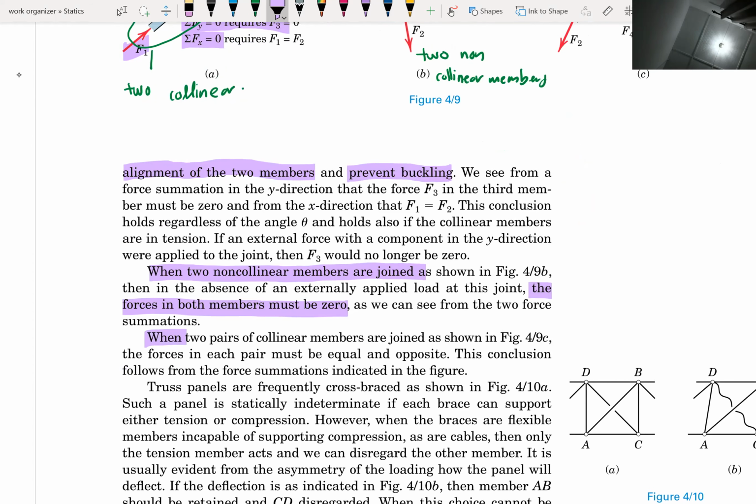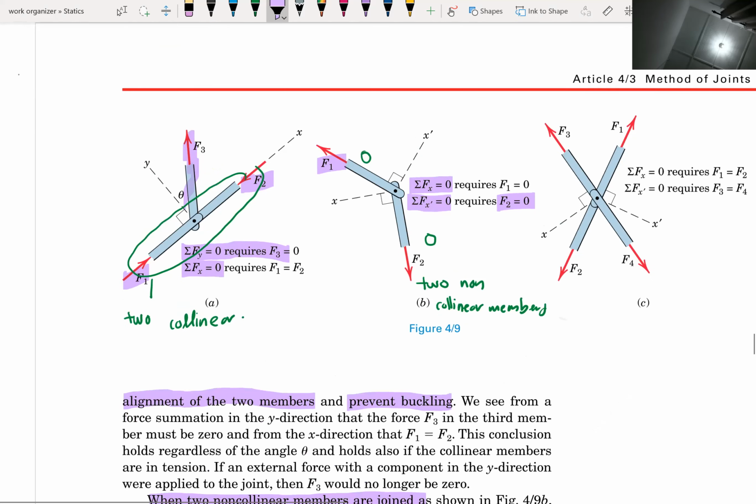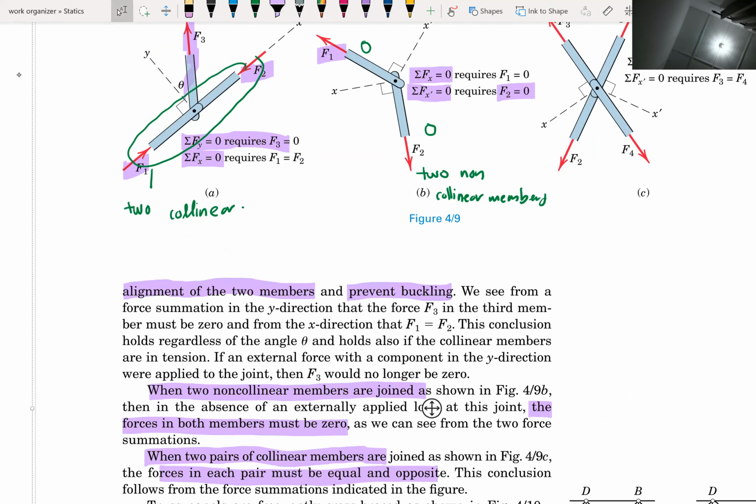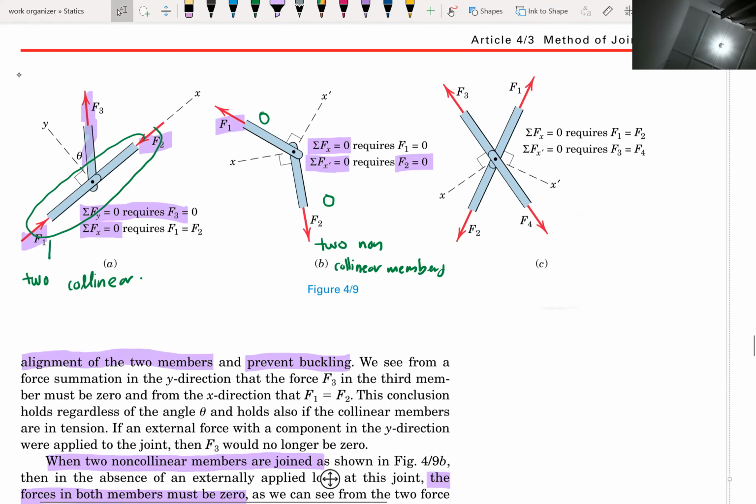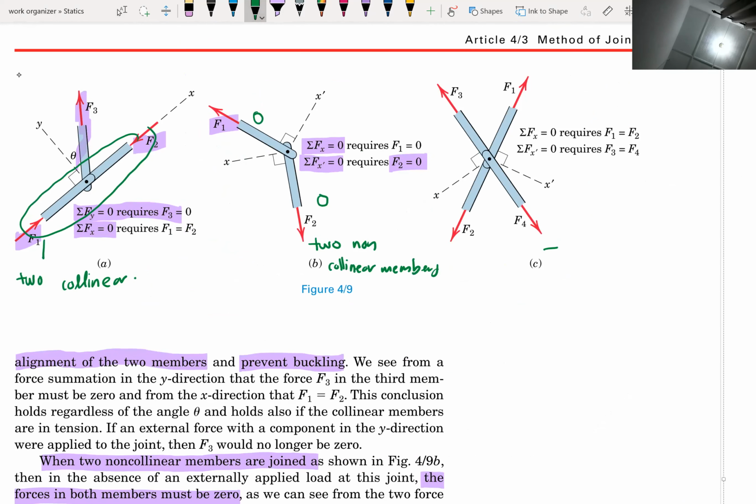Lastly is when two pairs of collinear members are joined. Forces in each pair must be equal and opposite. So this one is two pairs of collinear members.